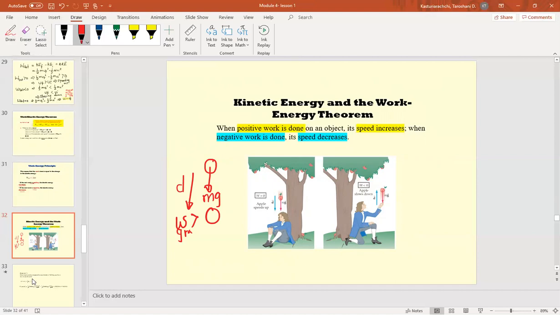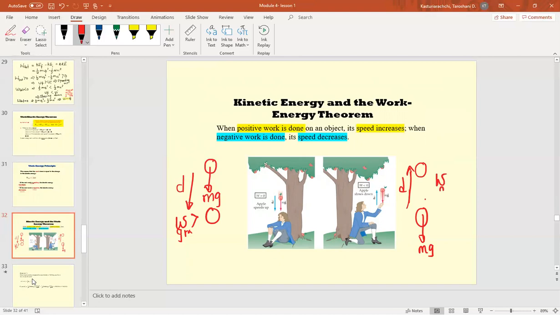On the other hand, if you toss something up, what is the work done by gravity? The object is going up, but gravitational force is always downward and displacement is upward.